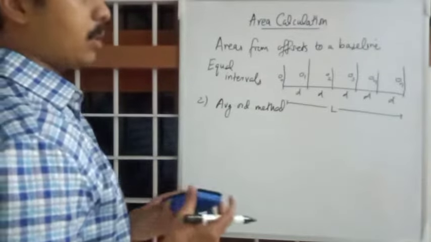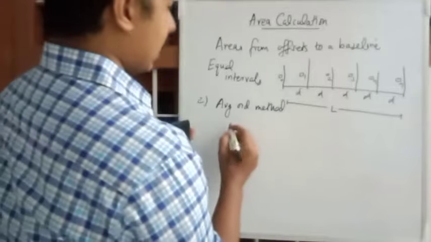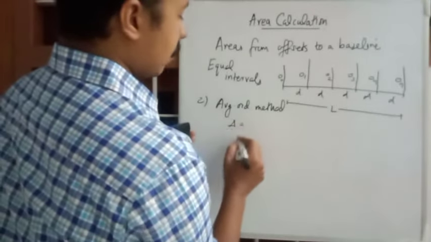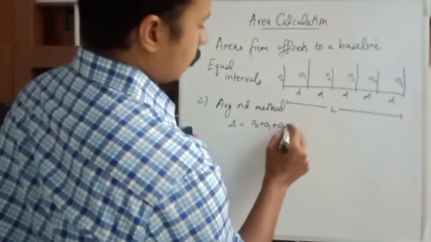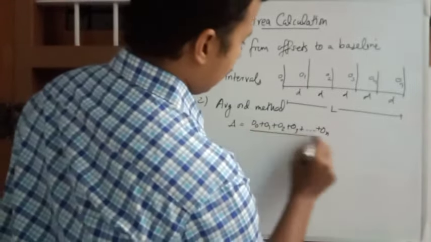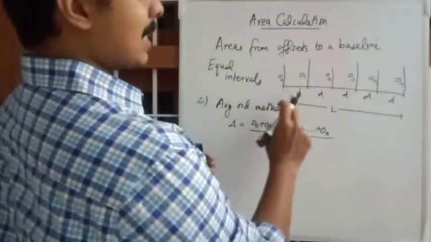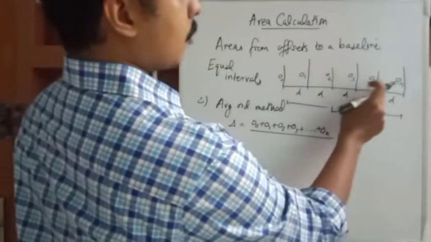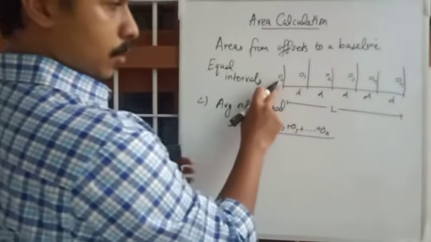Okay, so in the average ordinate method, again we will be calculating by the same criteria, area is equal to O0 plus O1 plus O2 plus O3 plus etc. plus On divided by, in the previous case there were n values, but in this case there is 1, 2, 3, 4, 5 or n plus 1. There is O0.